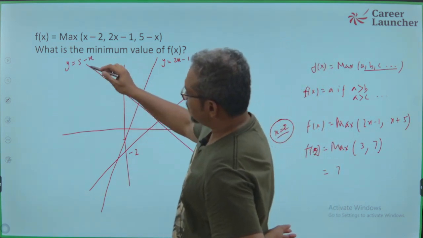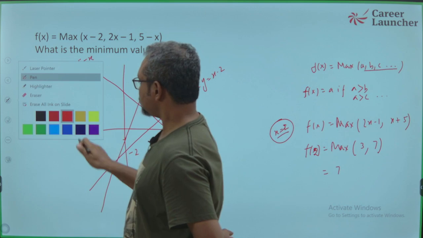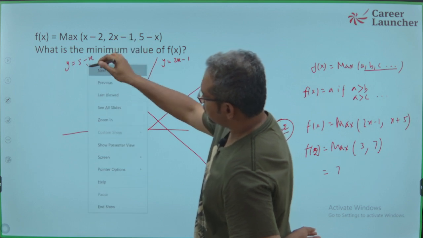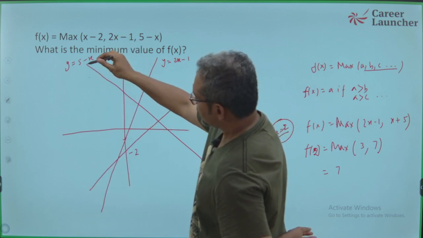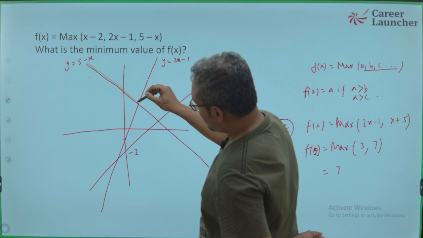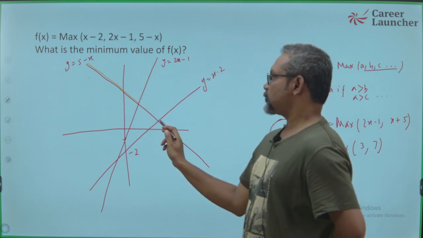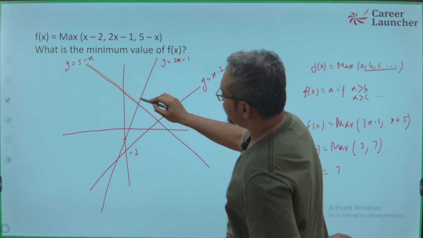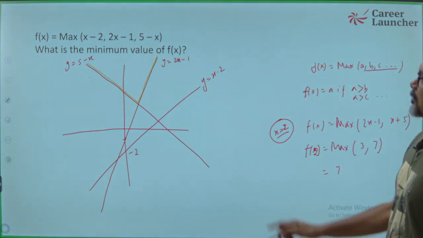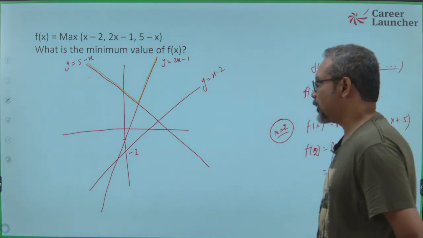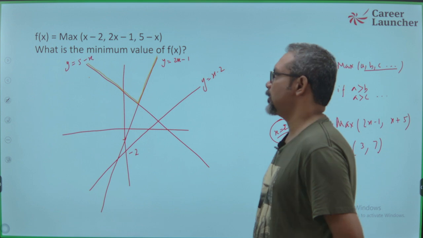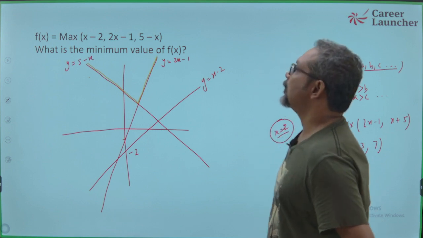So, you can clearly see this line is above everyone else, it remains above everyone else till here. After that, this falls below this line, and this line is above everyone else now. So, your function f(x) is basically just that yellow line. Okay, all the red lines are not a part of the function. Only the orange yellow line is basically the function which is f(x).